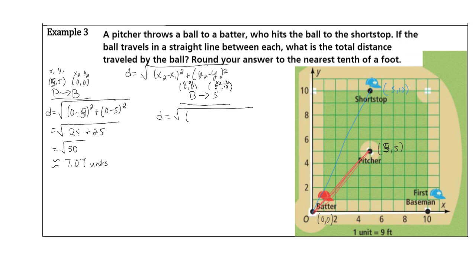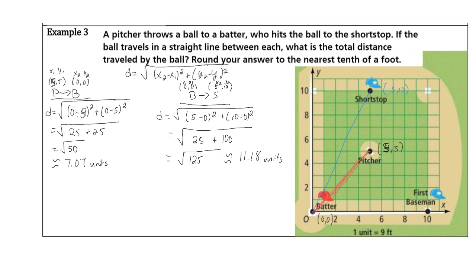We get square root of 5 minus 0 squared plus 10 minus 0 squared. 5 minus 0 is 5, squared is 25. 10 minus 0 is 10, squared is 100. So we get square root of 125, which is approximately 11.18 units.